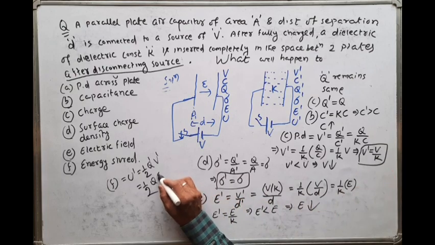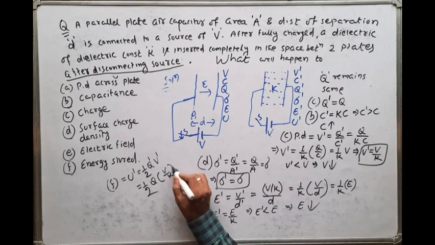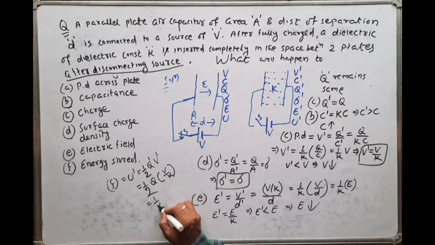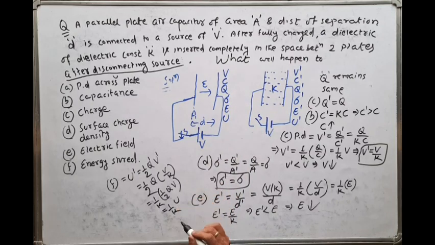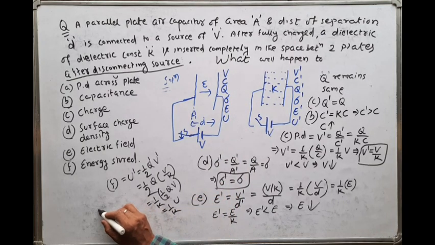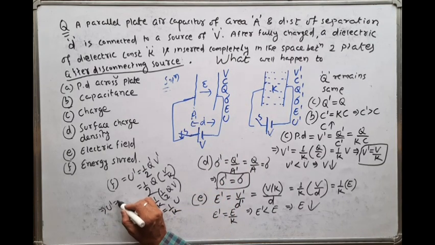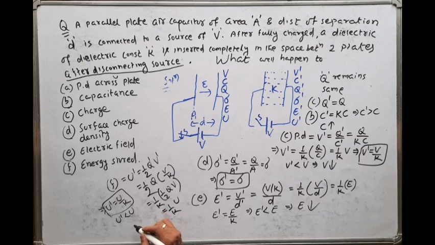V dash is equal to V by K. So that is equal to 1 by K times half into Q into V. What is half into QV? This is the initial energy stored, that is U. So we conclude that U dash is equal to U by K. Since K is greater than 1, U dash is less than U. That means potential energy decreases.